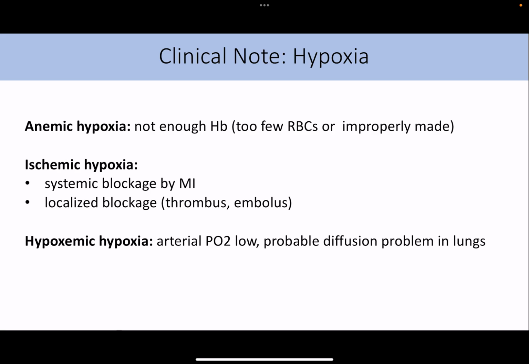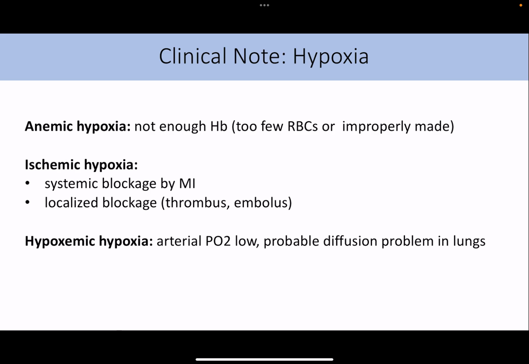You can have anemic hypoxia from things like sickle cell anemia, because the cells are being damaged too often and you don't have enough because they're living less than the 120 days they're supposed to, or iron deficiency anemia, where you don't have enough iron to build enough hemoglobin, so you don't have enough red blood cells to carry that oxygen around the body. So anemic hypoxia is when you don't have enough hemoglobin or too few red blood cells, or they're improperly made. You have some kind of anemic condition that's causing your hypoxia.